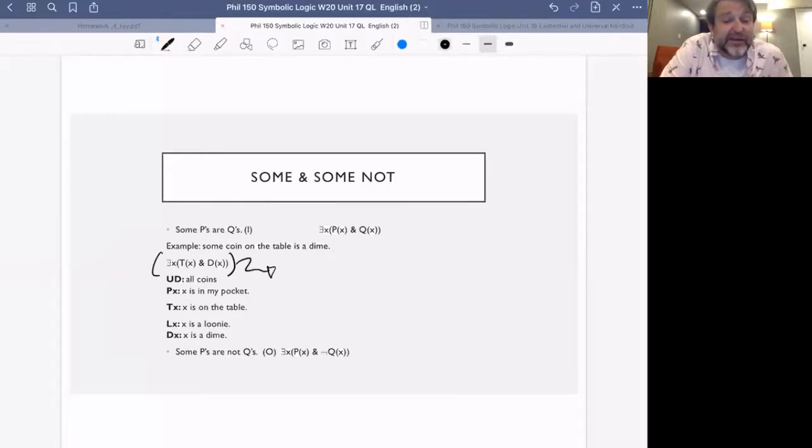If we want to say some P's are not Q's, if we want to express the O sentence, all we need to do is throw that negation into that last predicate statement.